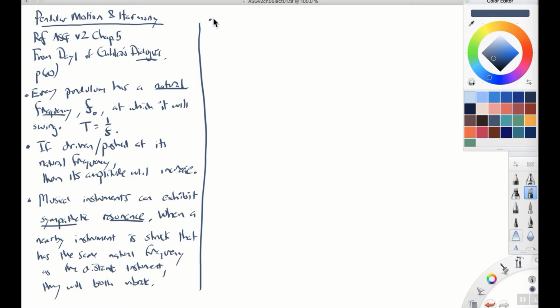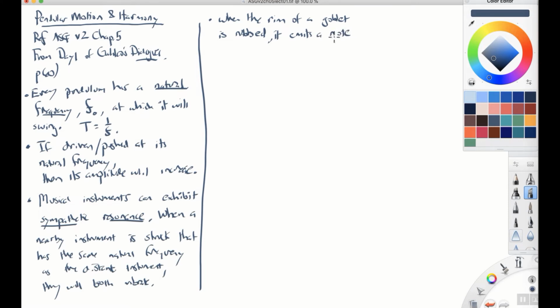Okay? Another thing that Galileo brings up is that when the rim of a goblet is rubbed, it emits a note, a musical note.